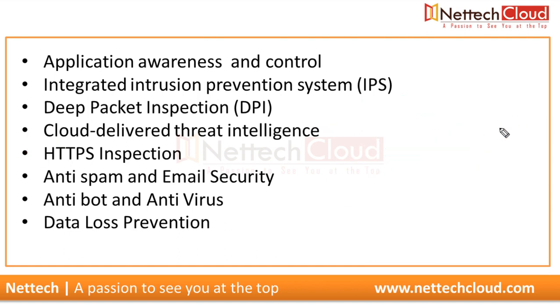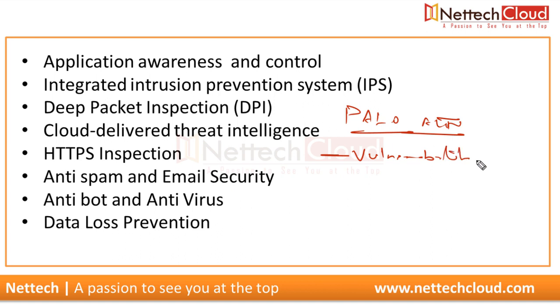For example, in Palo Alto firewall, there is a vulnerability protection profile, right? With the help of this vulnerability protection profile, we can mitigate attacks like SQL code injection, cross site scripting attack, and other scripting attacks, in fact, right?